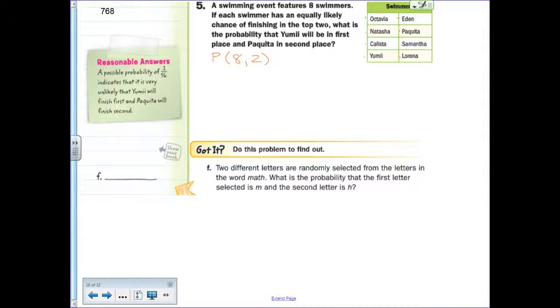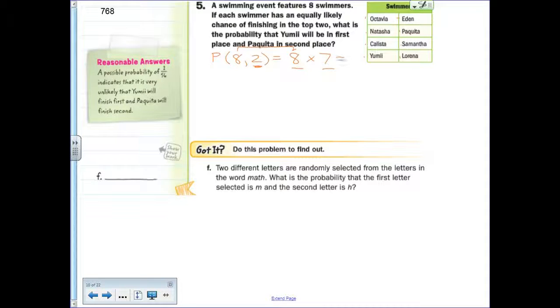Like on example 4, there are 8 different swimmers who could finish first. After somebody has finished first, there will only be 7 potential swimmers to finish second. So the 8 tells me what to start with. The 2 tells me how many places to go.